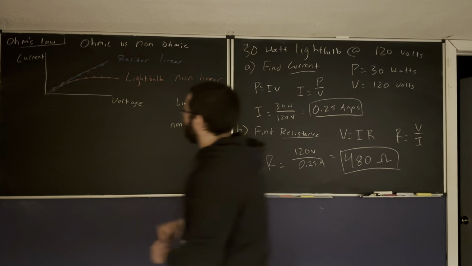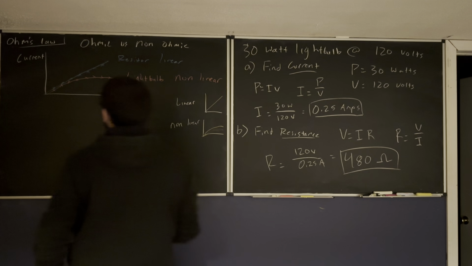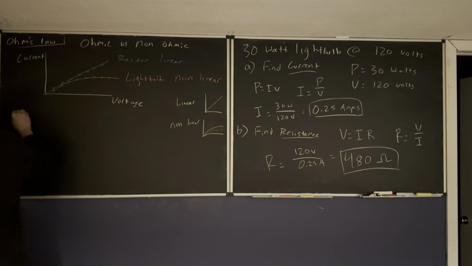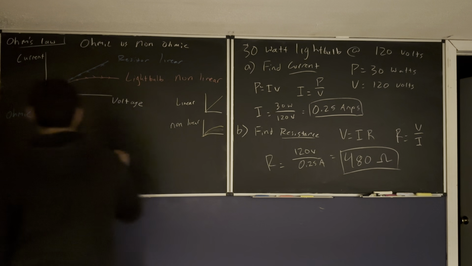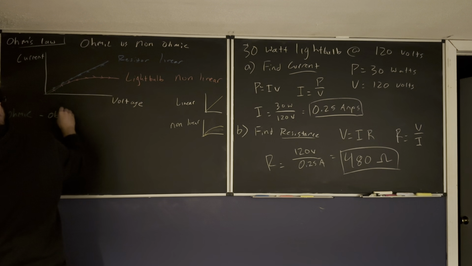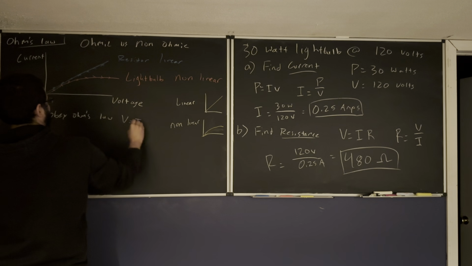The reason why the resistor is ohmic is because it obeys Ohm's law. If you're ohmic, that means you obey Ohm's law, V is equal to IR.